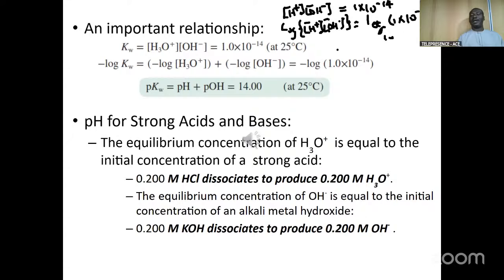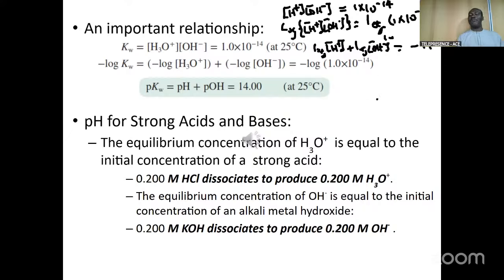Okay? This, of course, will be log H plus plus log OH minus will be equals to minus 14.